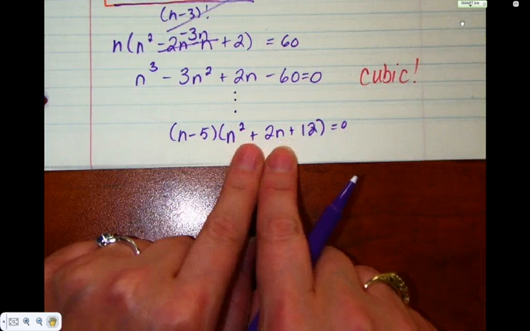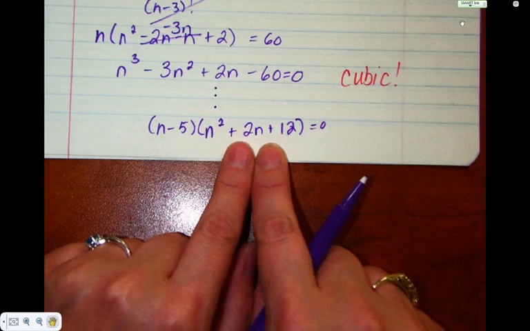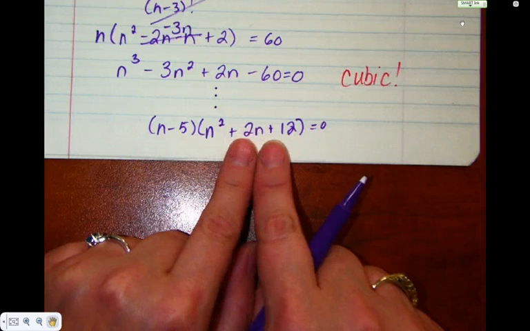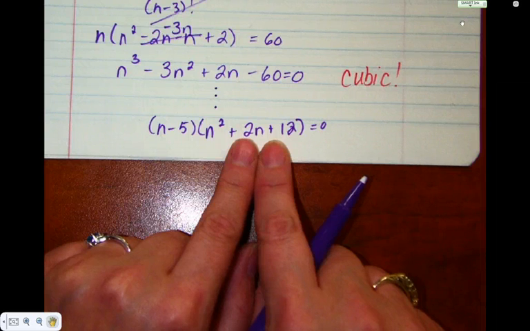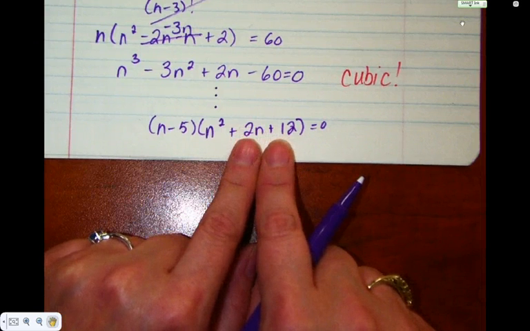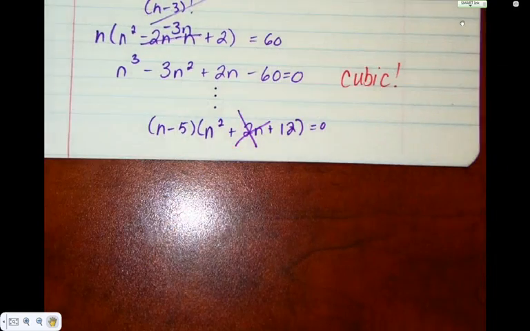So what does that tell you about this second piece? You can solve it because there's 4 other methods. What does it tell you if you can't factor? The numbers aren't going to be whole numbers, right? If you're going to use the quadratic formula, you're probably going to get a negative or some decimals in there. What do you know about negatives and decimals in terms of n in the nPr formula? So if you can't factor, you don't even need to bother solving it. It's done.